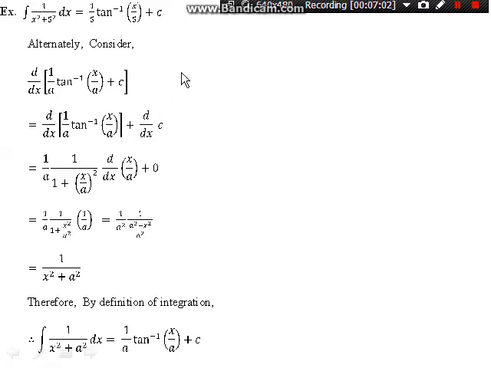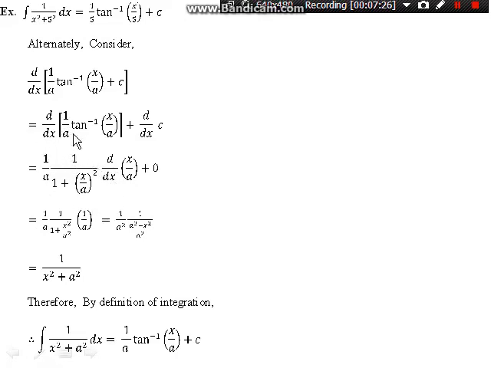So in this example we have taken the RHS first. Okay, first take the derivative of the RHS. Then we separate d by dx of 1 upon a tan inverse x upon a plus d by dx of c. Okay, now take the derivative of the first term.